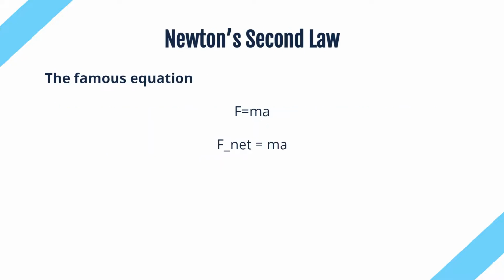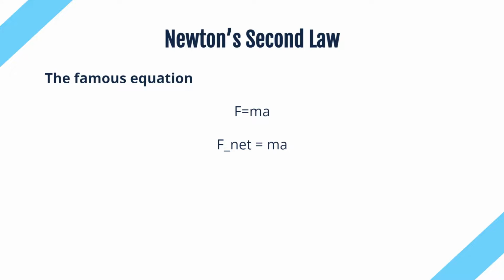So the next slide is on Newton's second law, which is extremely famous and also extremely useful. So it essentially states that the net force is equal to mass times acceleration. So I've put 2 here because it depends on whether your acceleration is your overall acceleration or acceleration due to one part.